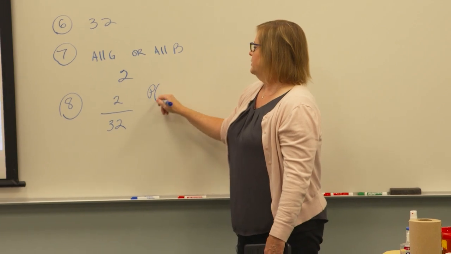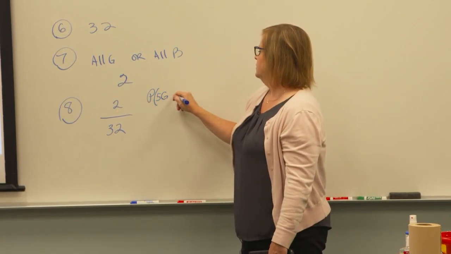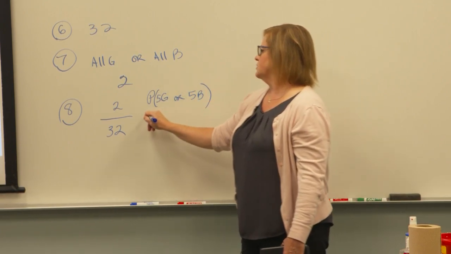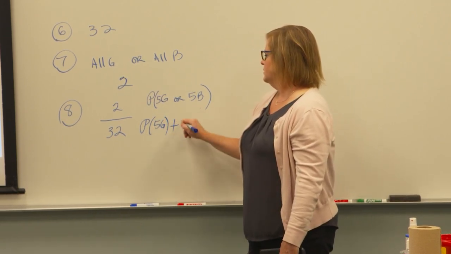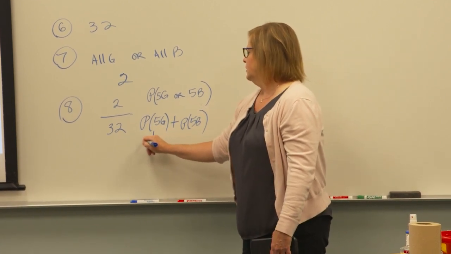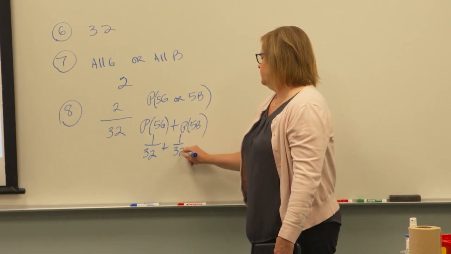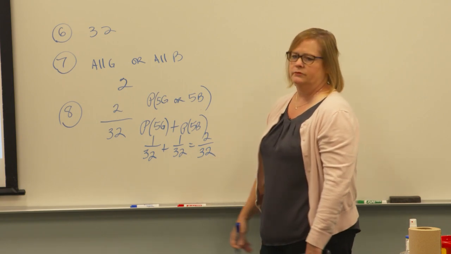So the probability of all girl, so I'll say 5 girl or 5 boy, since they're mutually exclusive, should just be the probability of 5 girls plus the probability of 5 boys. Yep, so I could have done 1 out of 32 plus 1 out of 32. Yeah, so that's the same thing, right? 2 out of 32.